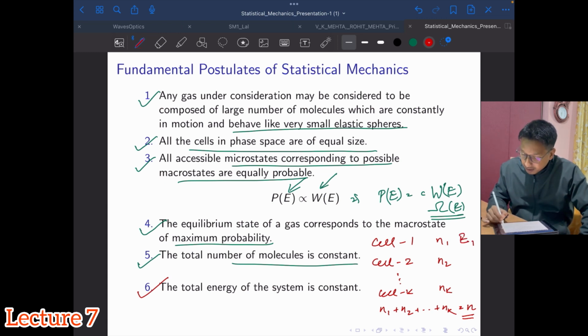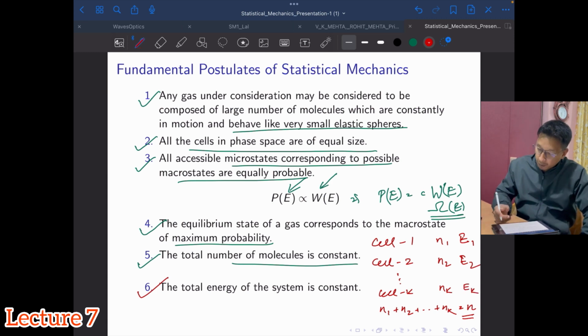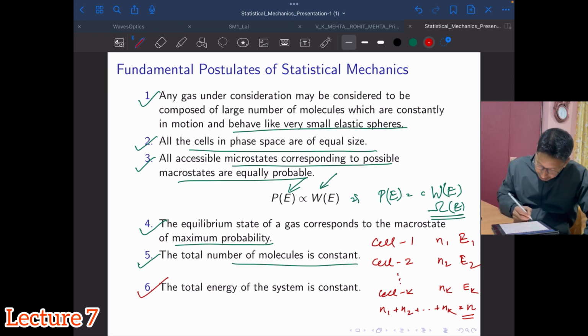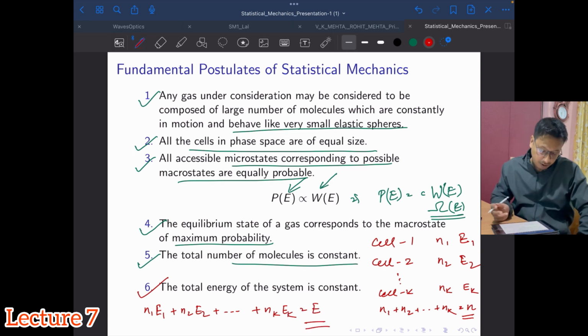Similarly cell 2 has E2, and so on, Ek being the energy corresponding to cell k. The total energy of the system can be written as n1 E1 plus n2 E2 all the way to nk Ek, and this total energy of the system is constant.